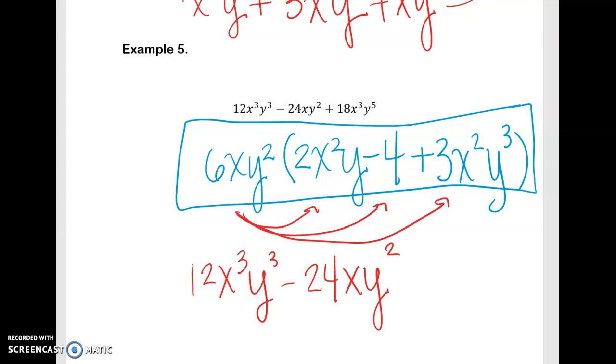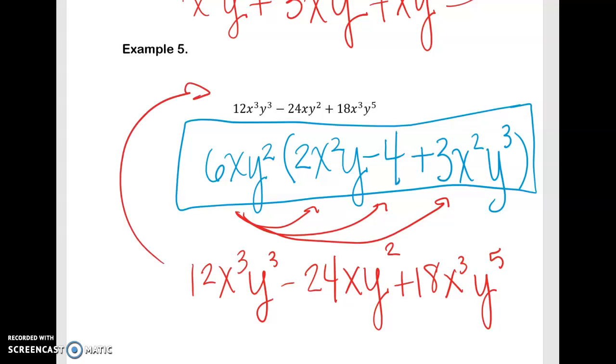And for the third one, it is positive 18 x to the third y to the fifth, which is exactly correct. Okay, so go ahead and try these problems on page 201, numbers 1 through 9.